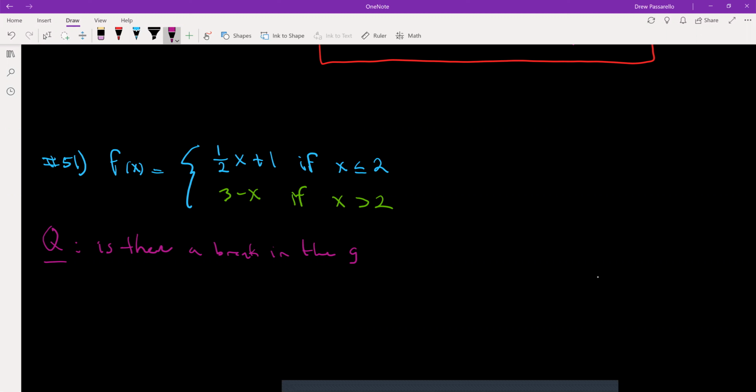Because that's where we're specifying the different x values for the different cases. You can determine this if the two pieces do not connect. So to determine this, see if both pieces are equivalent to one another when x is 2.